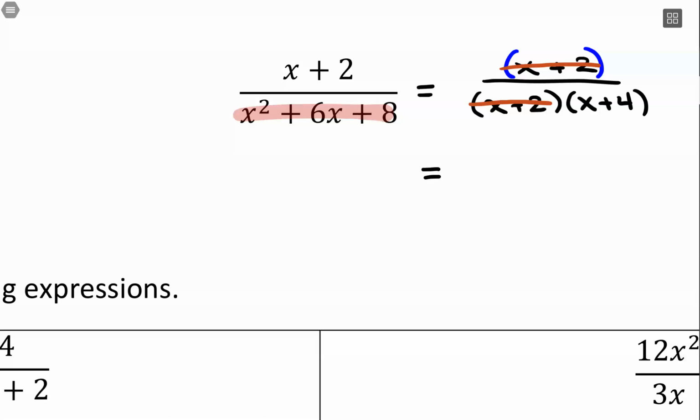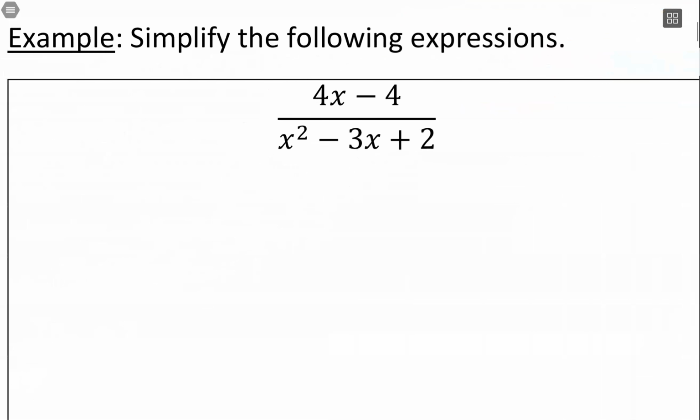So in our numerator, if we don't have anything left over, then we'll have 1 as a placeholder over x plus 4. And the only way we could have anything else cancel out is if we saw this whole x plus 4 in the numerator, which we don't. So this would be our final answer from simplifying our original rational expression, and we end up with another rational expression.